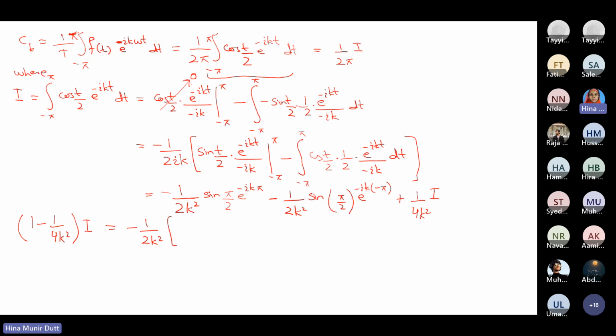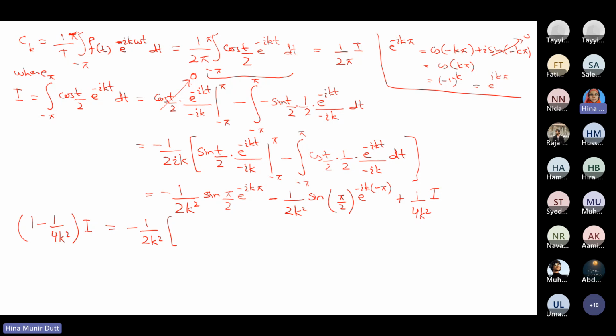Sine of pi by 2 is 0, and e to the power minus iota k pi, by using Euler's identity, is equal to cos of minus k pi plus iota sine of minus k pi. This is 0, and this one is cos of k pi, which is equal to minus 1 to the power k. And again, this is equal to e to the power iota k pi.